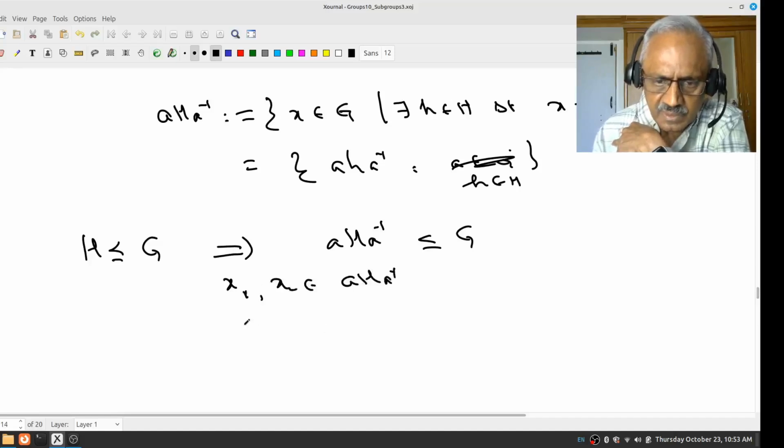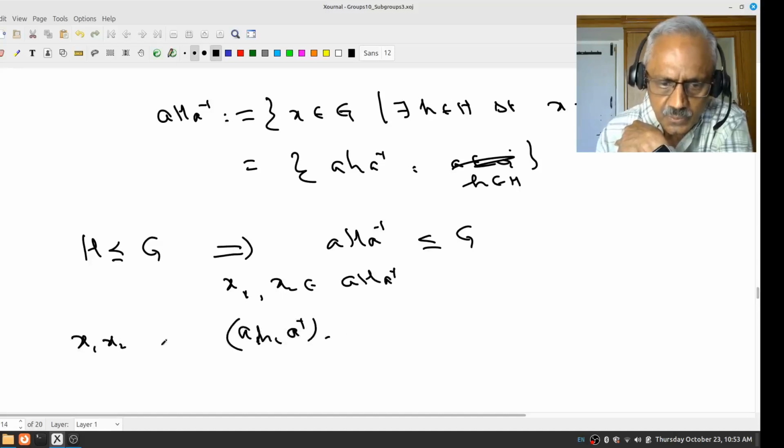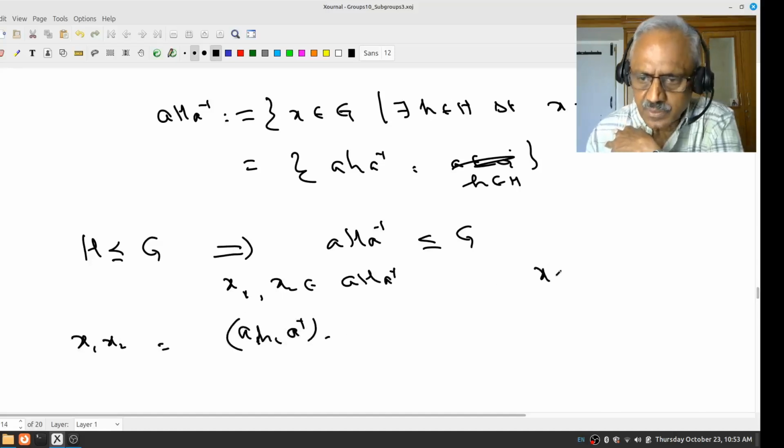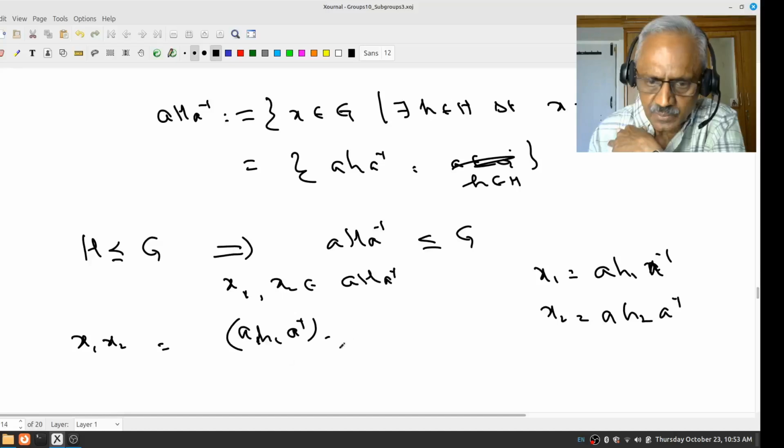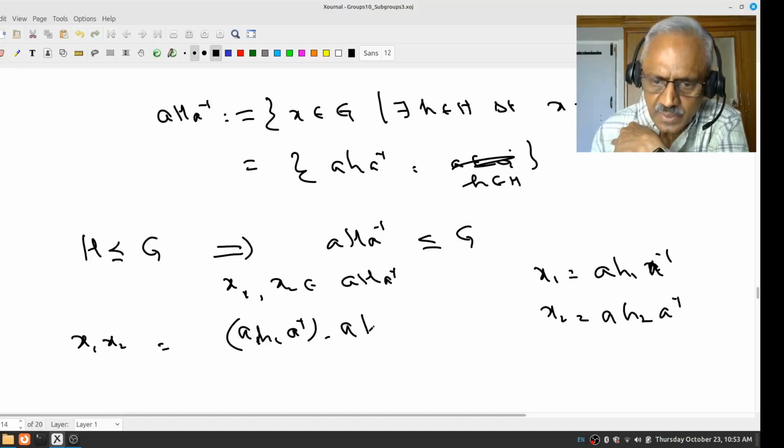Then x1 is a h1 a inverse and x2 is a h2 a inverse.